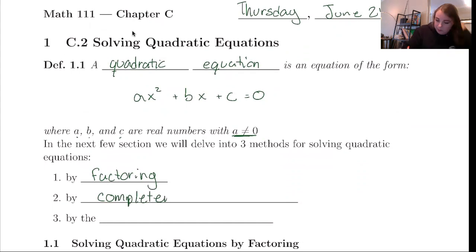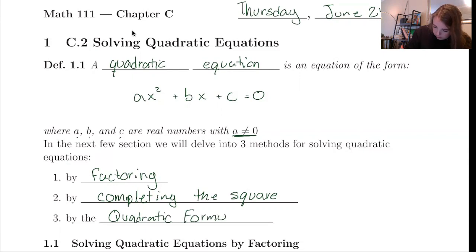And third, by use of what is called the quadratic formula, which will be your new best friend.